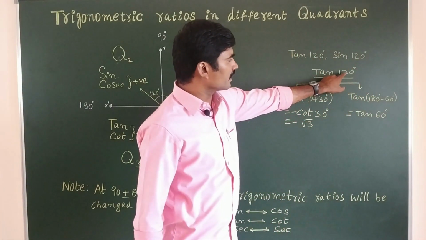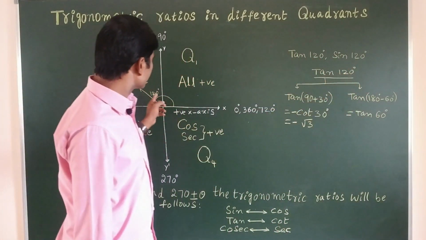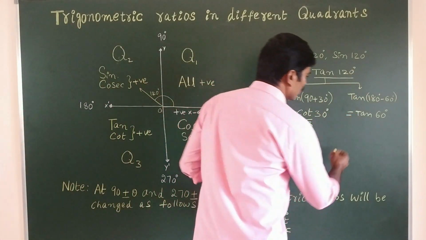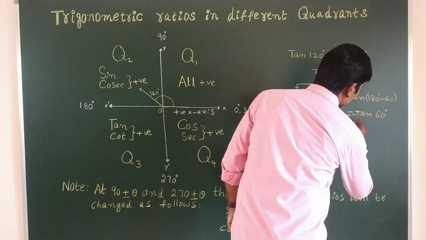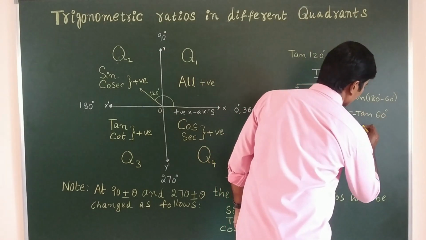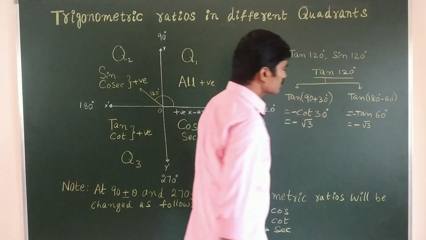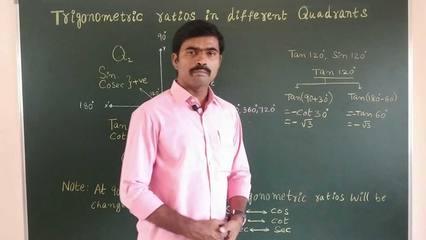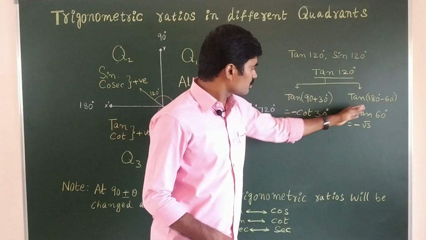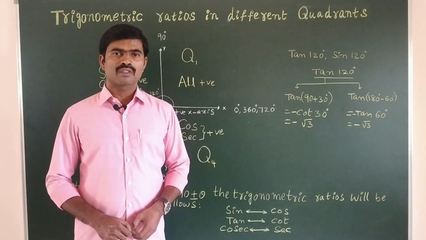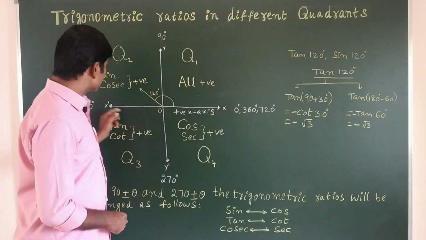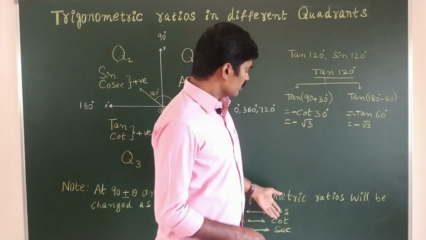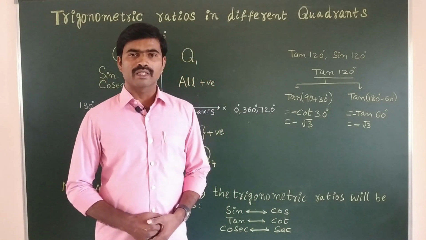But 120 degrees lies in Q2. In Q2, the tan ratio is negative. So keep minus. So minus tan 60 degrees, square root 3. So finally, we can conclude that tan 120 degrees value is minus root 3. In both methods, we got the same answer. So I preferred using horizontal angles, we can get the answer easily without interchanging the trigonometric ratios.